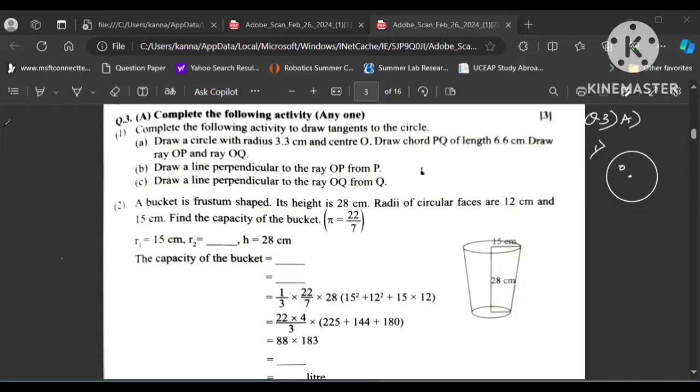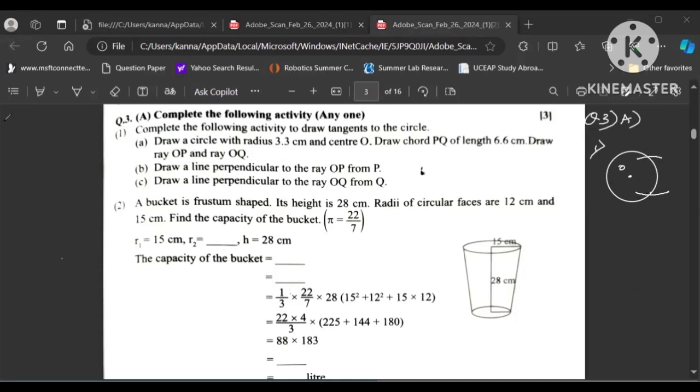So what I'll do, children, I'll adjust the compass to radius 6.6 centimeter. I hope people know what is a compass, okay? Then you take anywhere on this point as center and just cut an arc of radius 6.6. This point again as center, again cut an arc of 6.6.